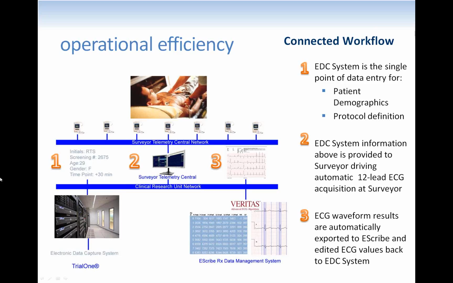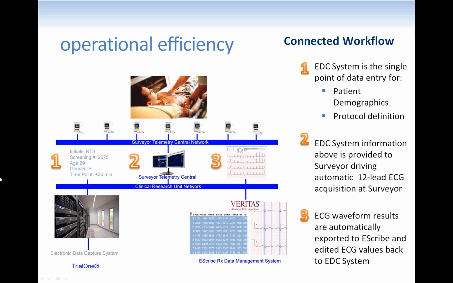It also means that we are looking to have ECGs that are automatically acquired and automatically printed whenever they're required. So when the Trial 1 system sends a message to Surveyor and says it's time for an ECG on bed number 1 at 9:24 and 30 seconds, that ECG is acquired, and then it is either printed and available to the staff on the floor wherever they are, or it's automatically exported to the eScribe data management system for analysis.